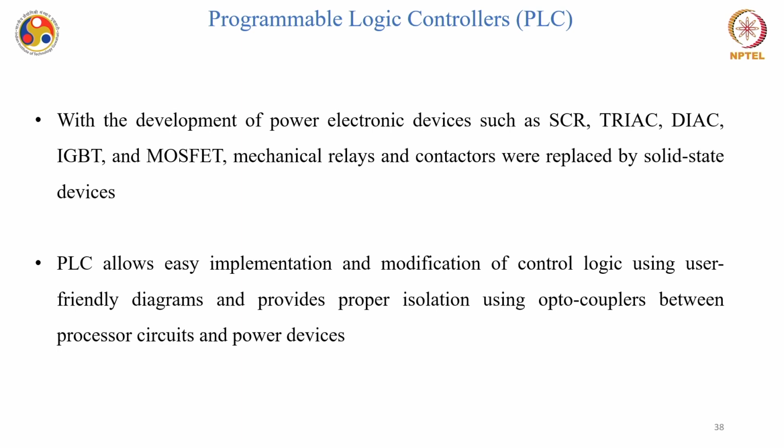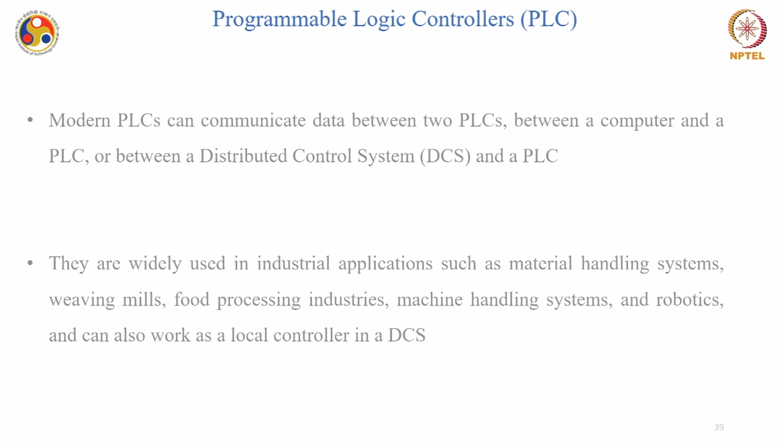Okay, with the development of power electronic devices, for example SCR, TRIAC, DIAC, IGBT and MOSFETs, mechanical relays and contactors were replaced by all these solid state devices. A PLC allows easy implementation and modification of control logic using user-friendly diagrams and provides proper isolation using optocouplers between processor circuits and power devices.